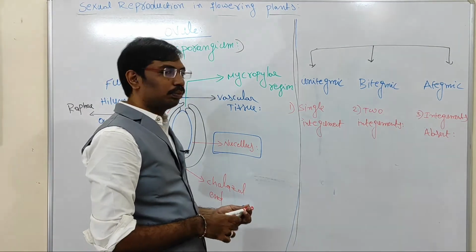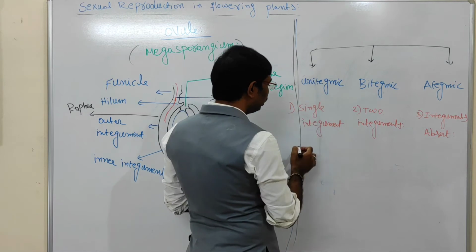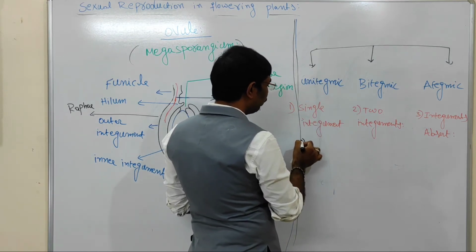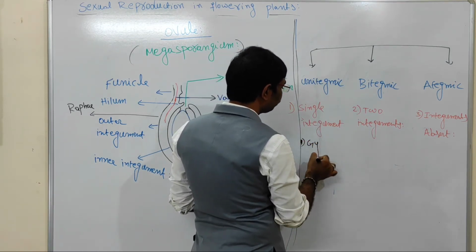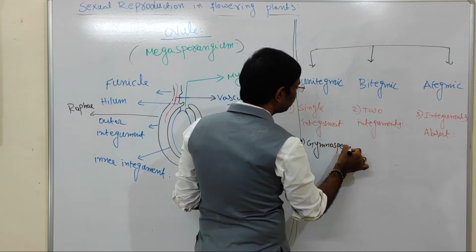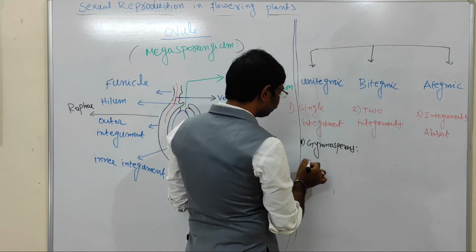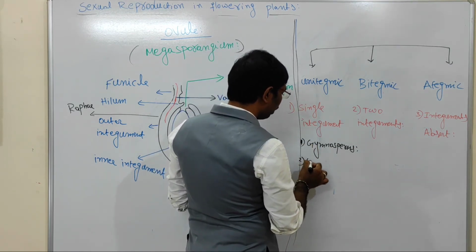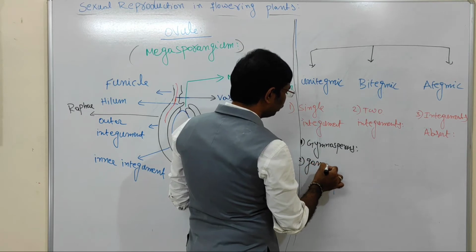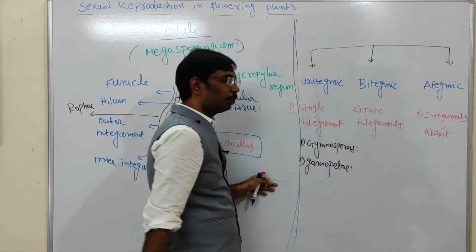What are the examples of unitegmic? Unitegmic is generally present in less developed plants like gymnosperms, or you can say gamopetalae, which are generally poorly developed plants.